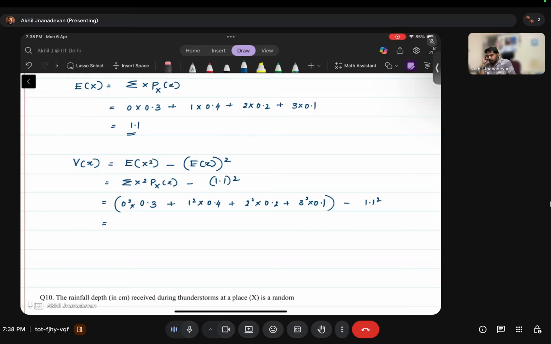If you solve this, you will get our variance as 0.89.